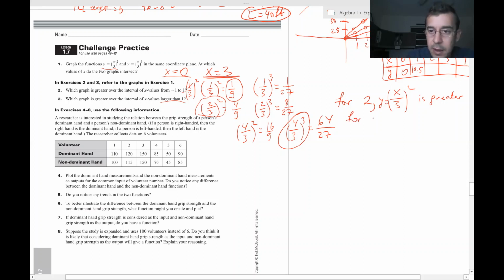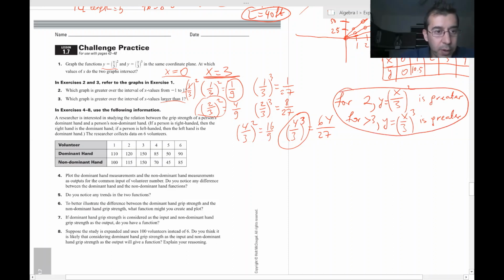For any value larger than 3, so 4, 5, 6, 7, 8, the expectation would be that the cubed will always be greater than the squared. So y equals x over 3 cubed is greater. Okay.